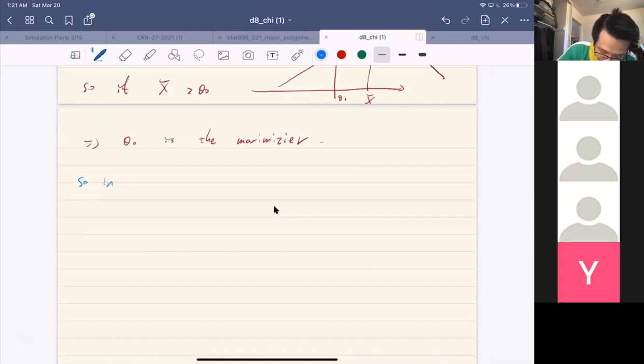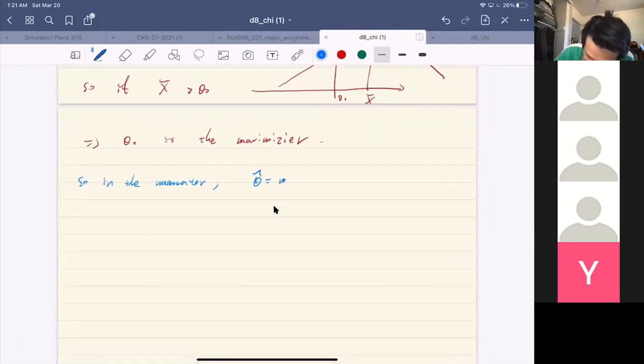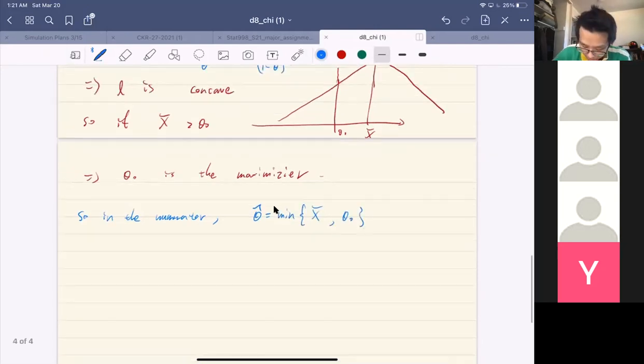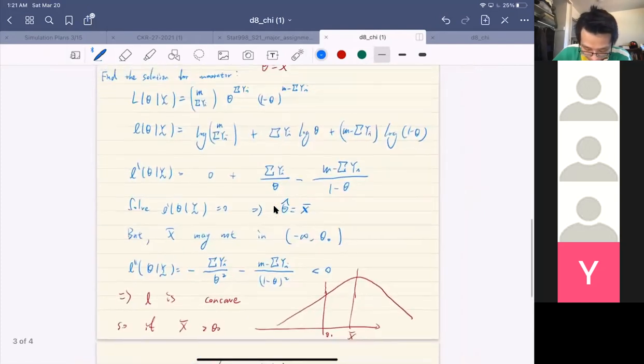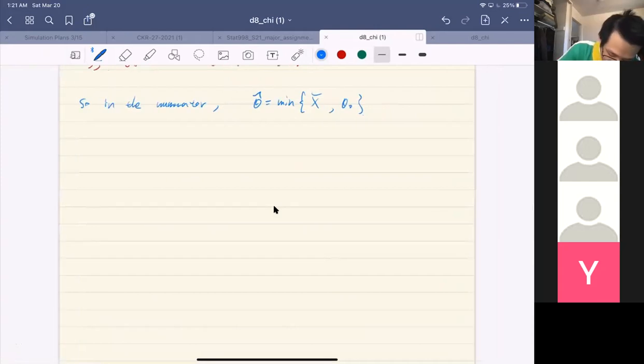So in the numerator, we may consider the solution theta hat as the minimum of S bar and theta zero.